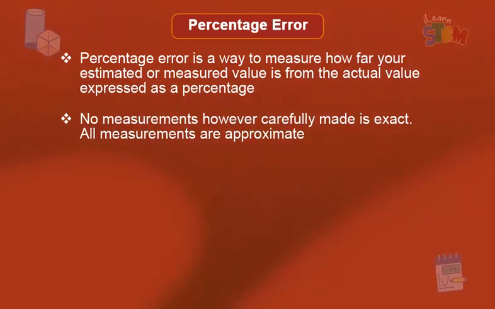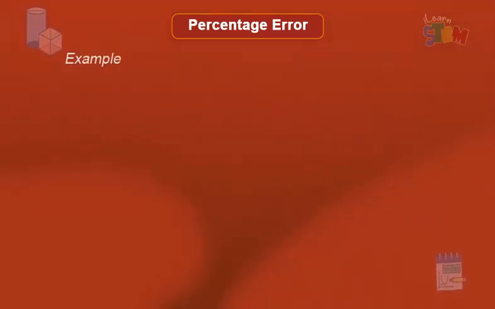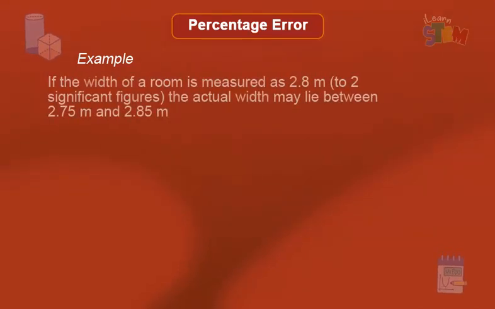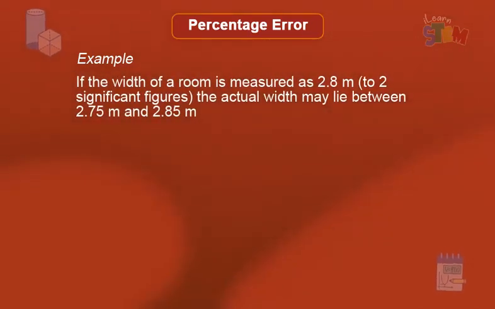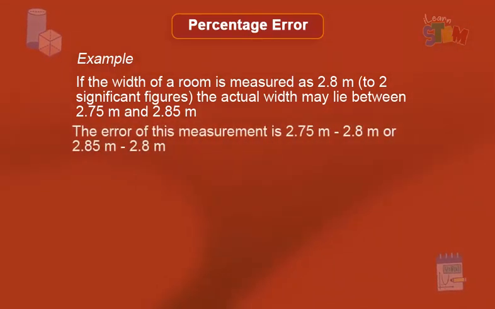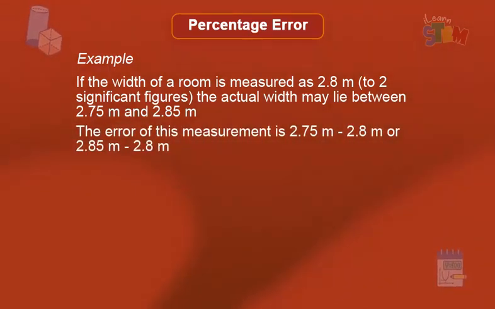All measurements are approximate. For example, if the width of a room is measured as 2.8 meters to two significant figures, the actual width may lie between 2.75 meters and 2.85 meters. The error of this measurement is 2.75 meters to 2.8 meters, or 2.85 meters to 2.8 meters.